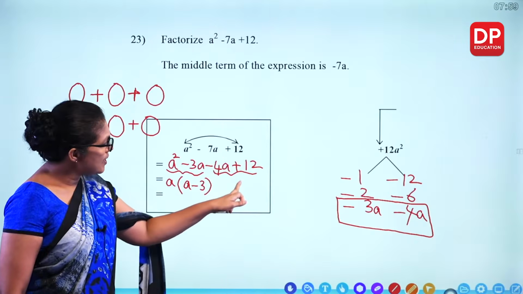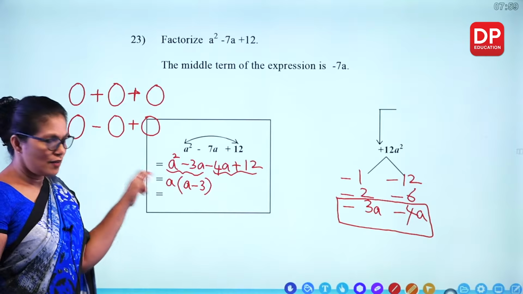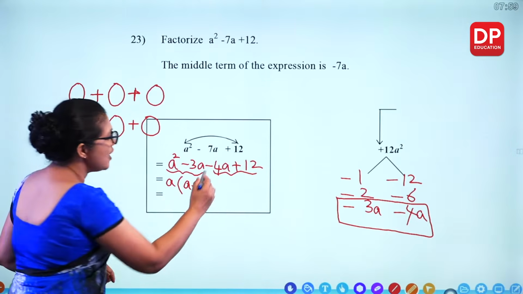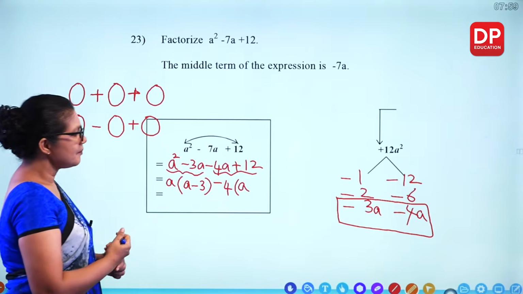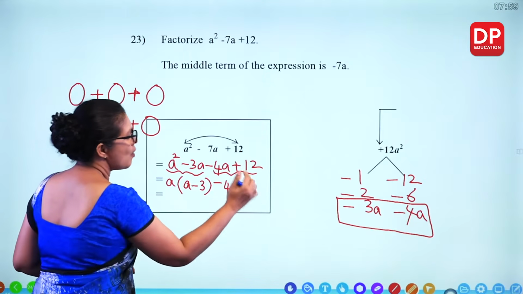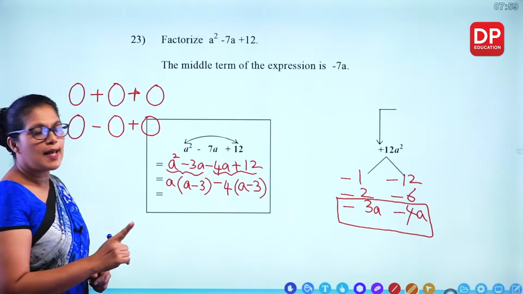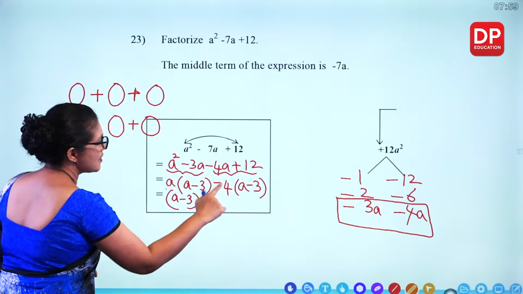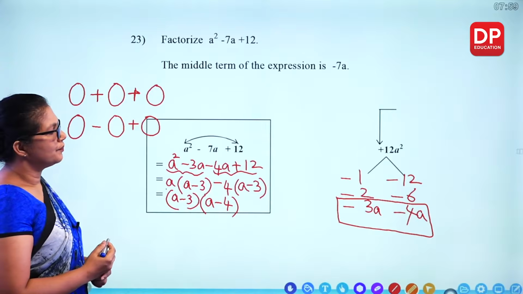You are getting minus a inside, but we need plus a. So always check the previous factor. So we need to take minus 4 out to get a here. If you take minus out, this becomes minus 3. Now we get the same factor, a minus 3, and what's the remaining one? A minus 4.